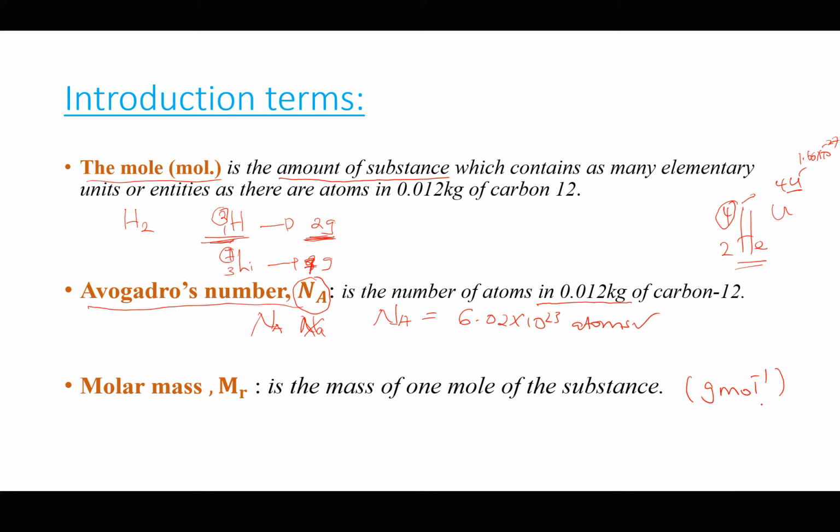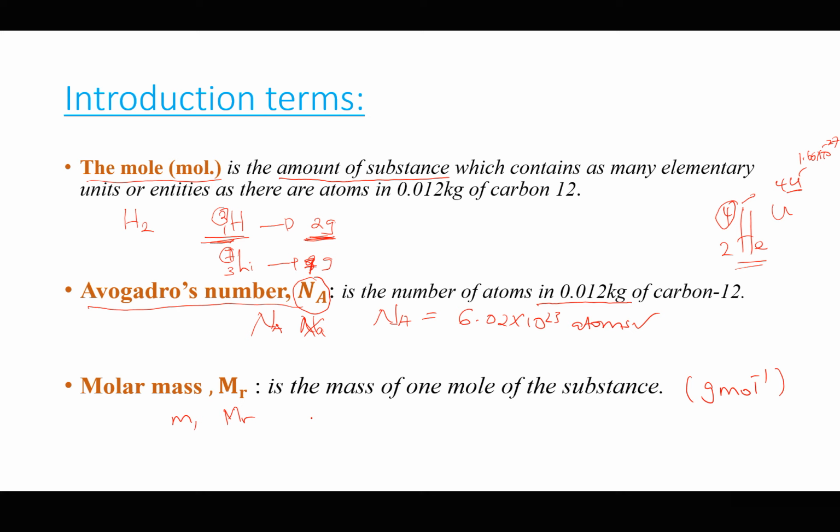So let's think of a substance which has a mass m, and let us think of the same substance whose relative molecular mass is M_r. Then we may want the number of moles in that substance, because we said the mole is the amount of substance which contains as many elementary entities as there are atoms in 12 grams of carbon-12.